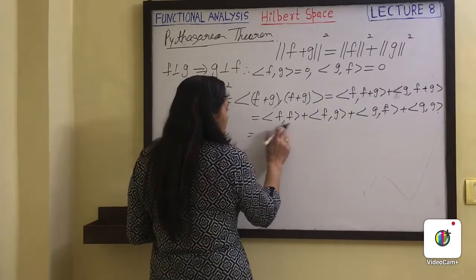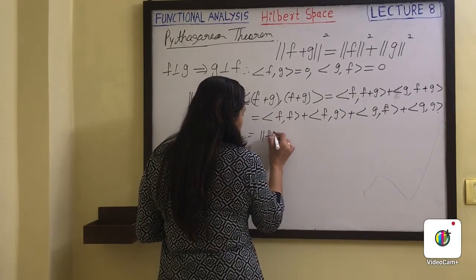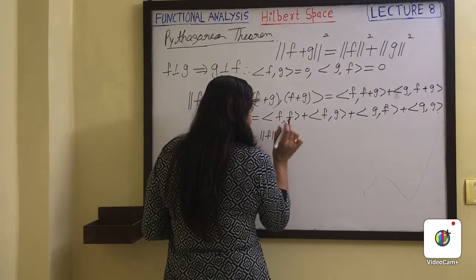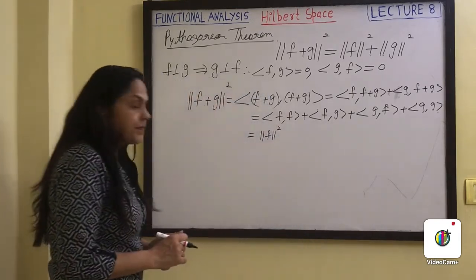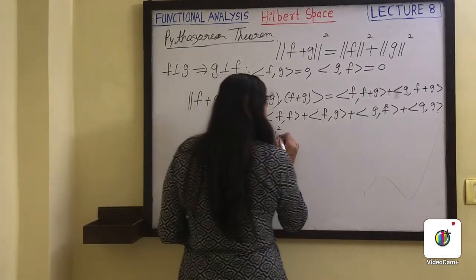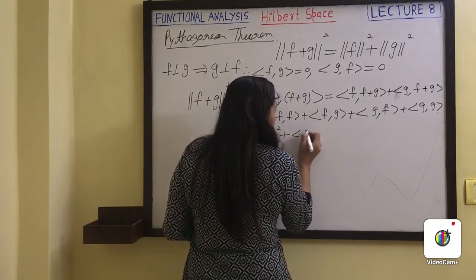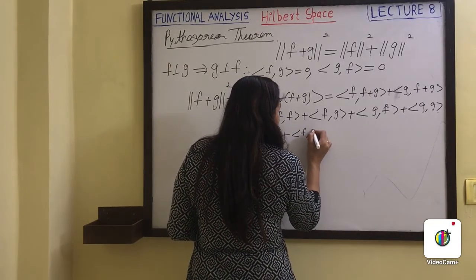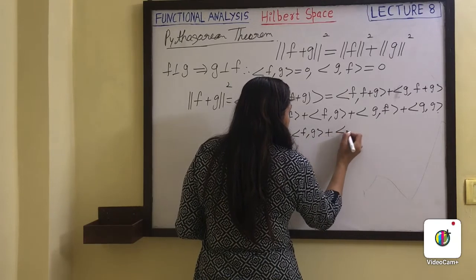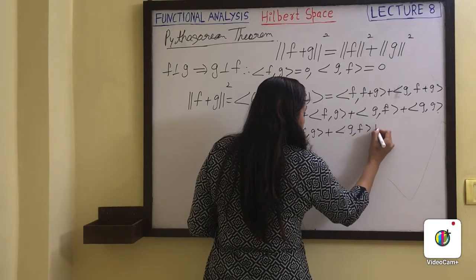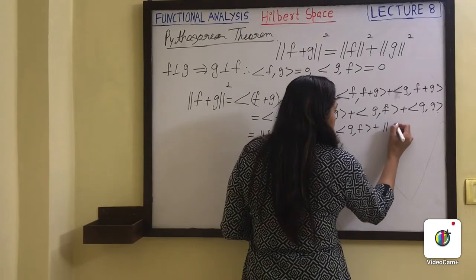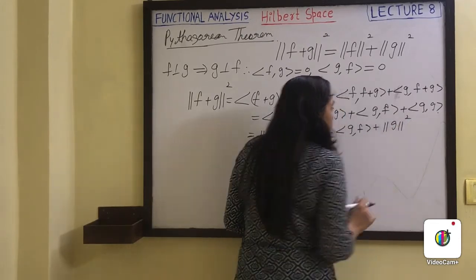Now f comma f can be written as norm f square, plus inner product of f comma g, plus inner product of g comma f, plus now norm g square.